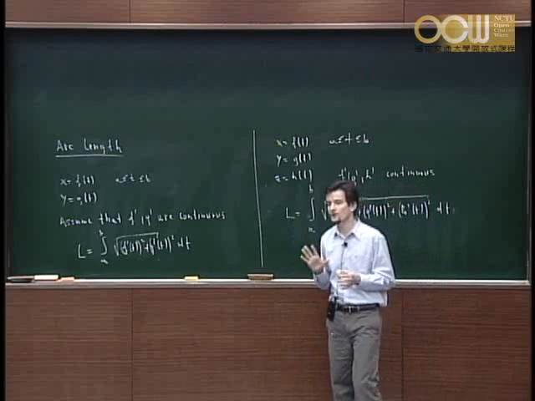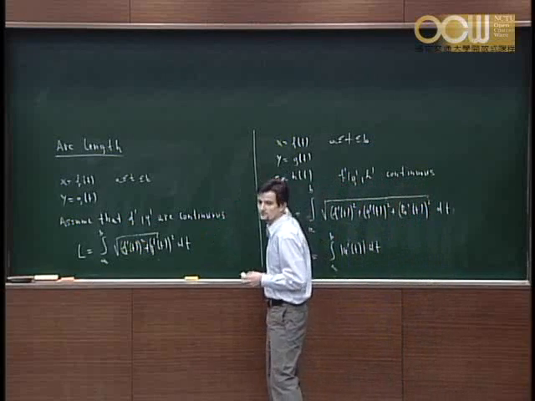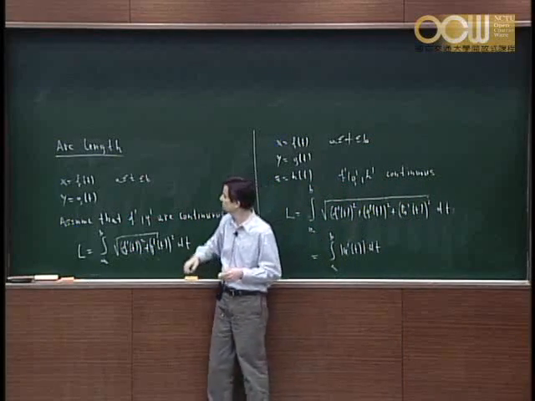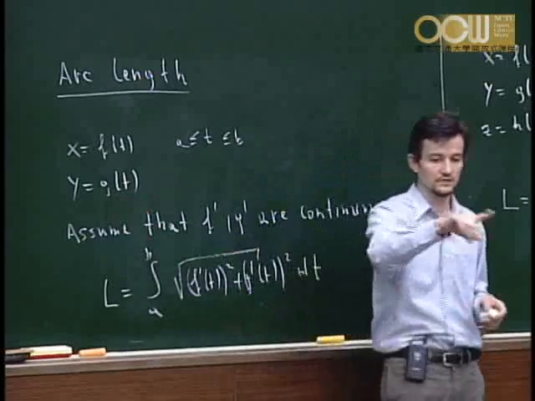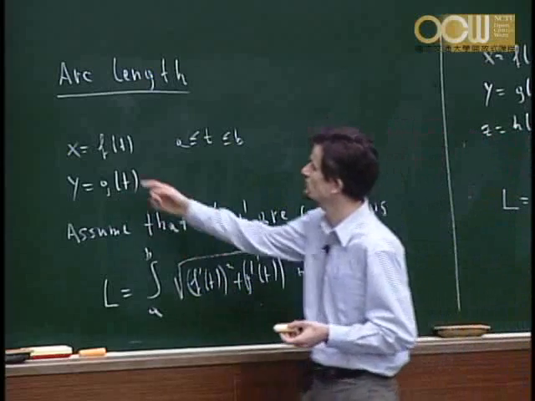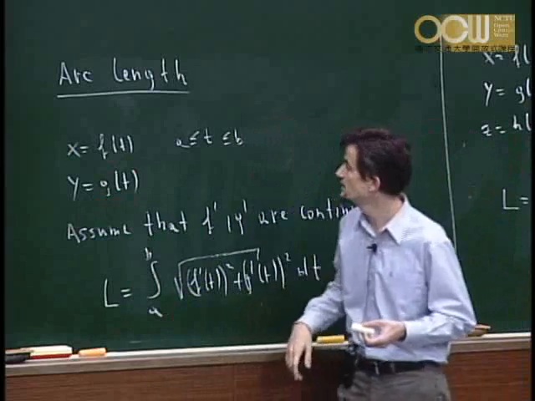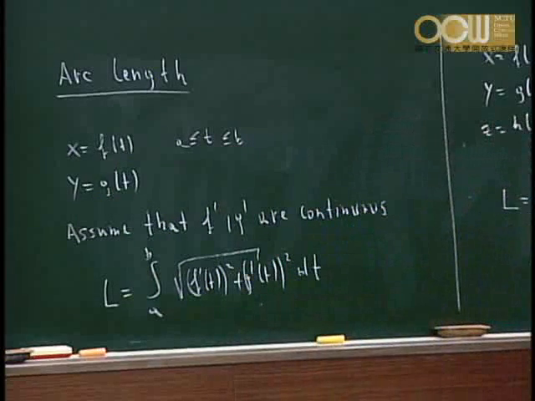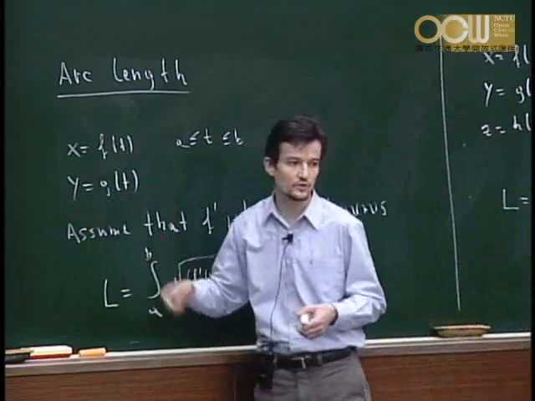Normally, for one given plane curve or space curve, you have many different ways to parameterize it. For instance, if you look at the circle, one possible parameterization is: for x you choose cosine of t, for y you choose sine of t, and t goes from 0 to 2 pi. This is for the unit circle. But another one is x equal to sine of t, y equal to cosine of t.